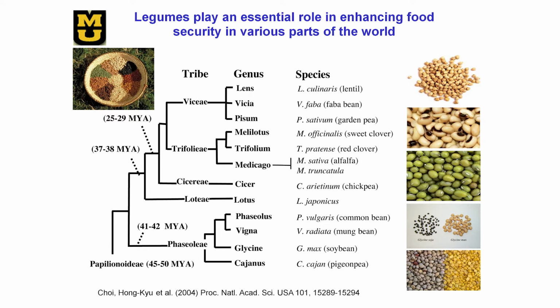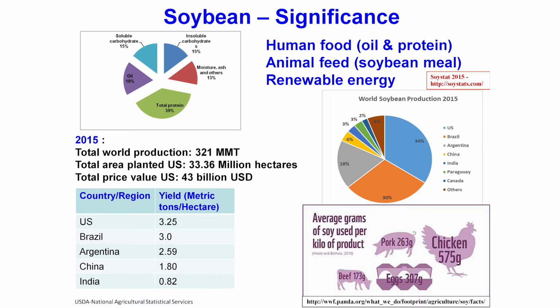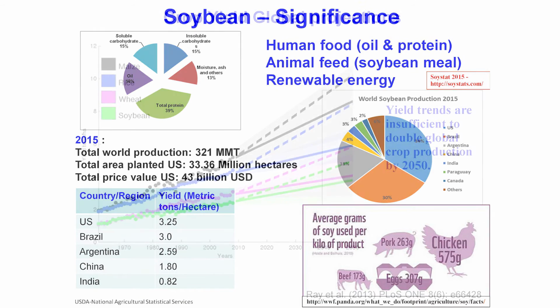This is the year of legumes, and legumes play an essential role in food security. Soybean is one of the cash crops in the US and all over the world, and is mainly used for food, feed, and energy.